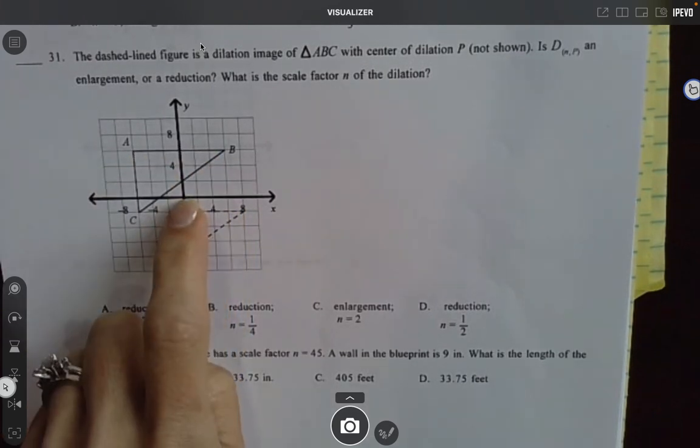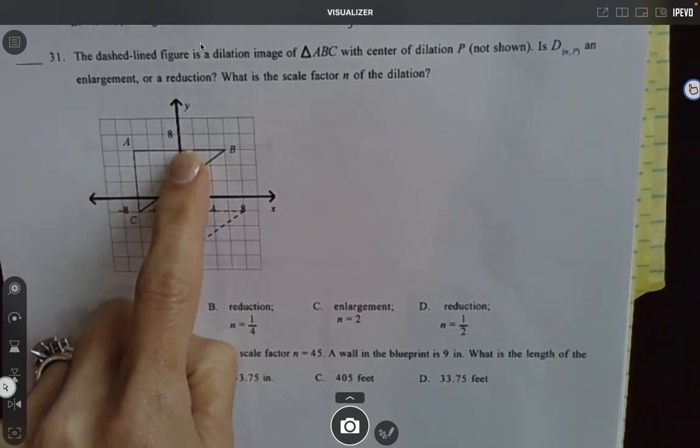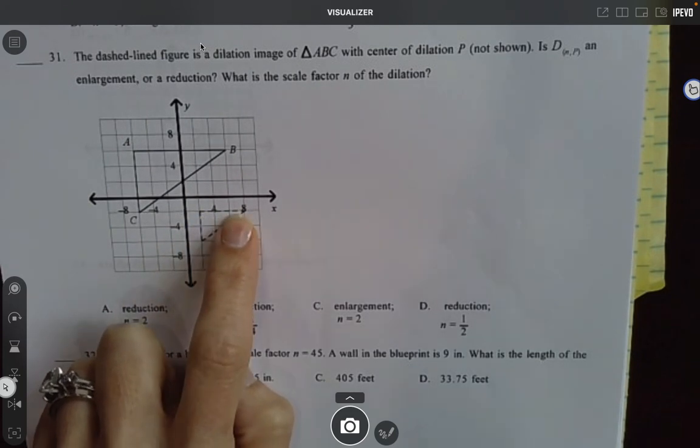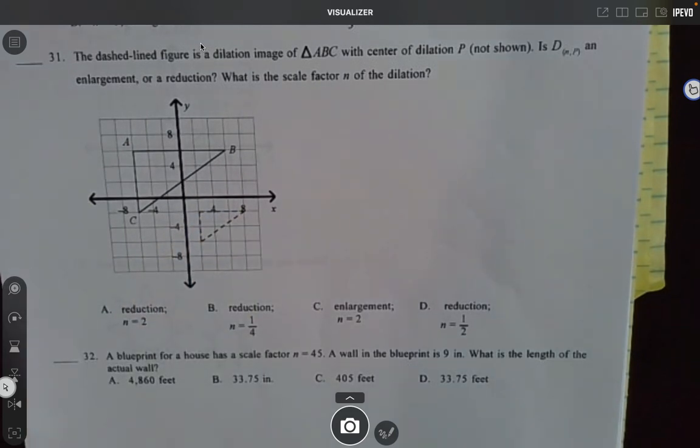Well, first of all, we're counting by what? Twos. So it's 2, 4, 6, 8, 10, 12. And this one is 2, 4, 6. So if you went from 12 to 6, you reduced it by what? A half. So you would go with the reduction of a half, and that's D. Does that make sense? Okay.